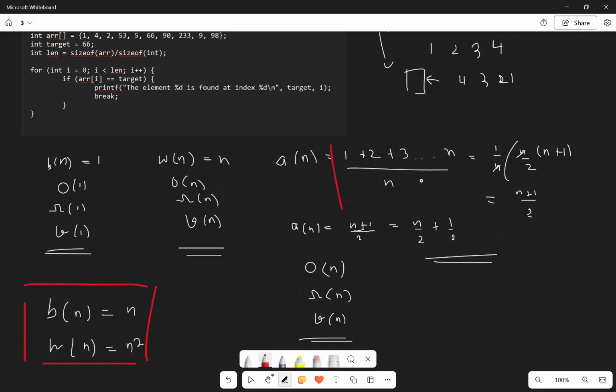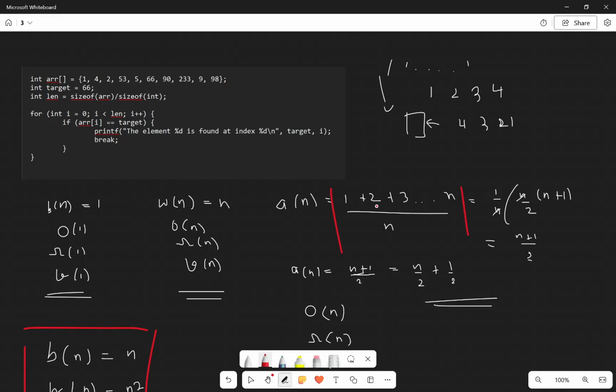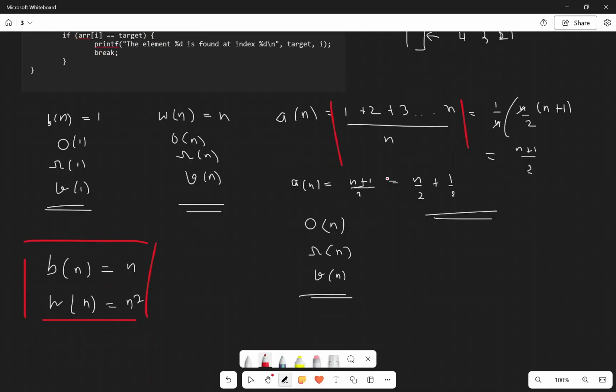Especially this one: 1 plus 2 plus 3 up until n is valid only for this. What you have to remember is that you have to sum up the number of steps each element would take. Let's say there's a function which takes n squared steps. Then the average case in a certain situation is 1 squared plus 2 squared up until n squared, and then you divide it by n.